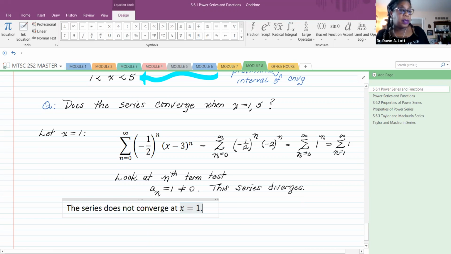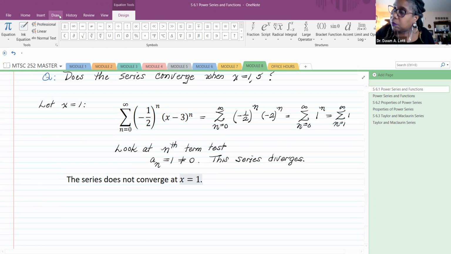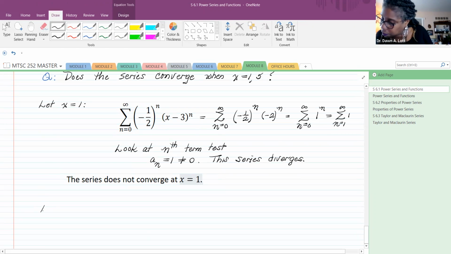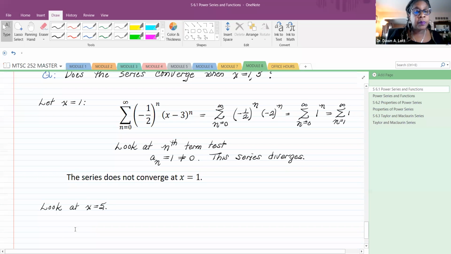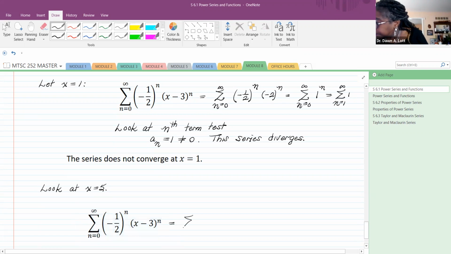Now let's look at x equal to 5. For x equals 5, we get the sum, n equals 1 to infinity, of negative 1/2 to the n, and I put in 5.